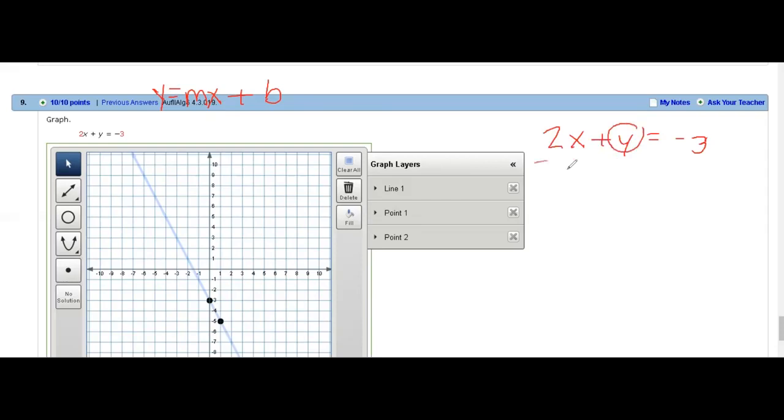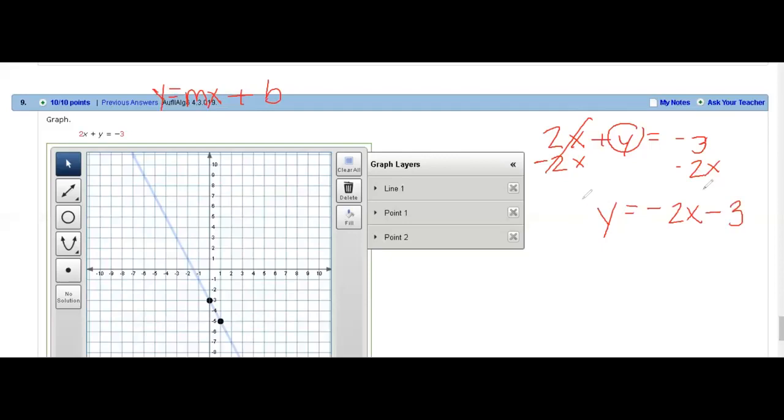So I would subtract 2x on both sides. 2x minus 2x is 0. So on the left side, I have y. And on the right side, because these are not like terms and they do not combine, all I have to do is just list them. So I have -2x and -3.